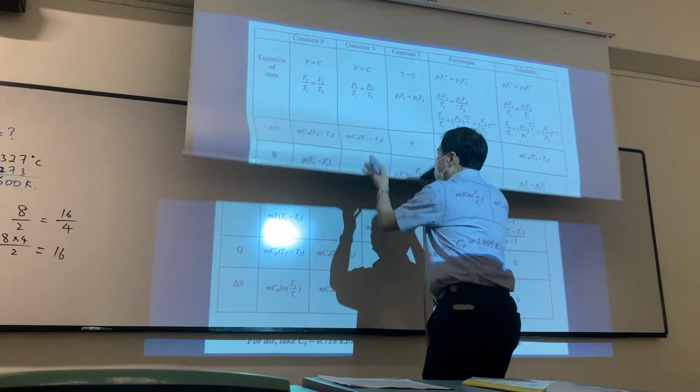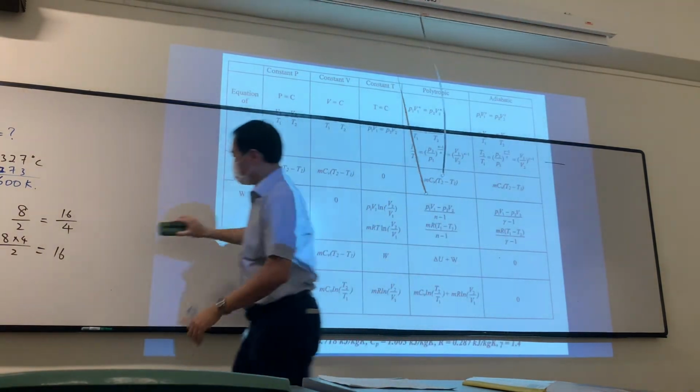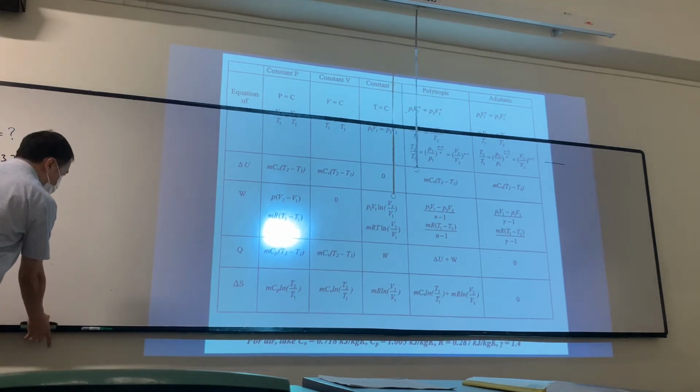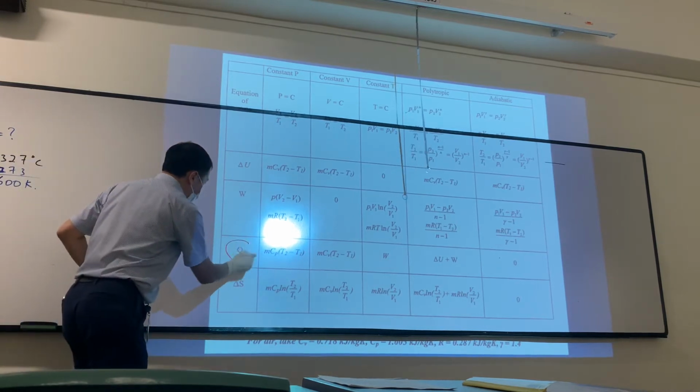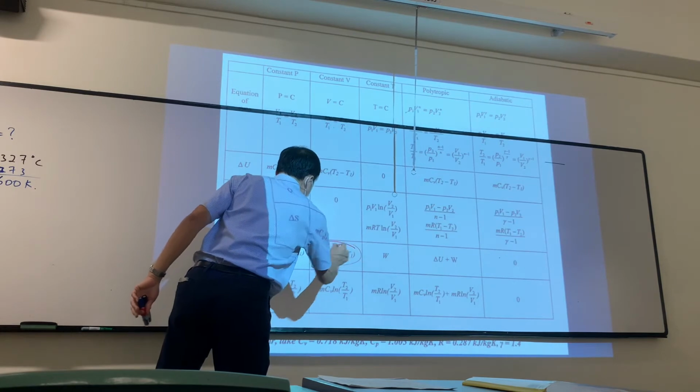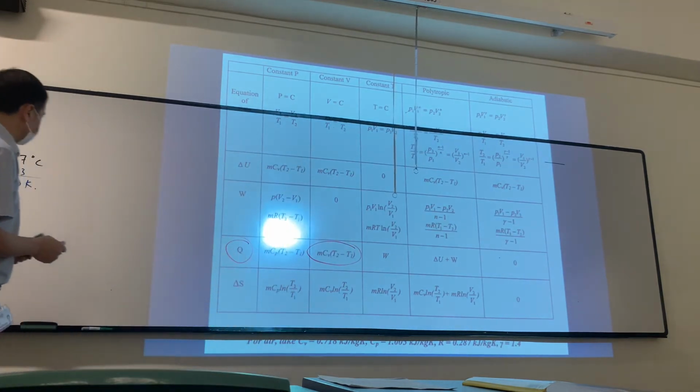Okay, so this one no need. Next, heat transfer, Q. Heat transfer for constant volume is mCv(T2 minus T1).